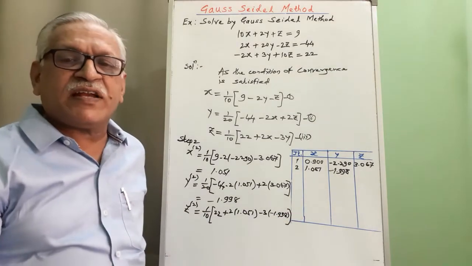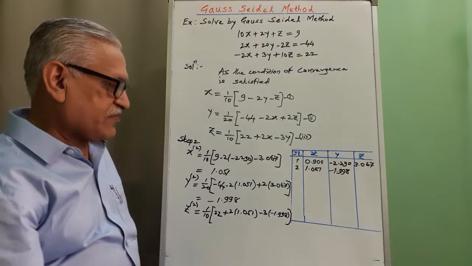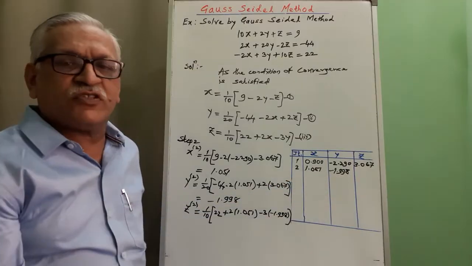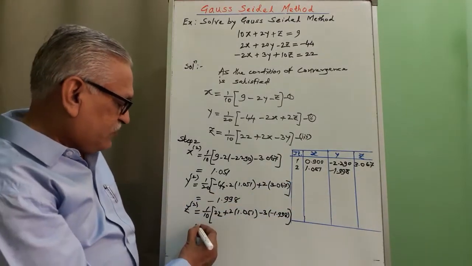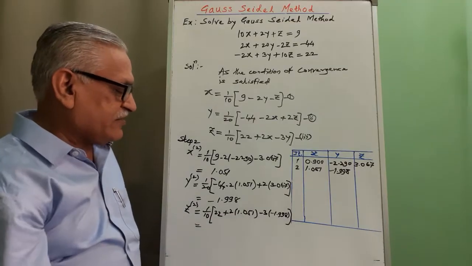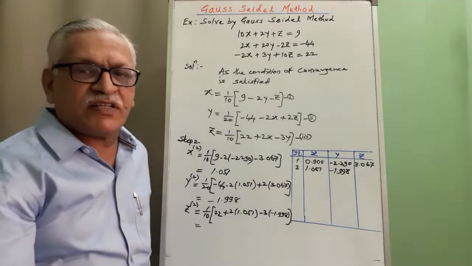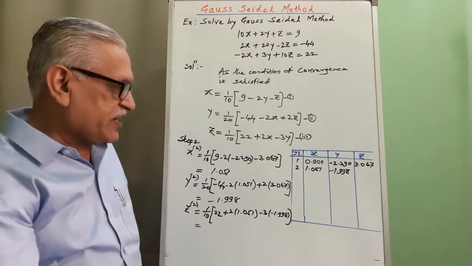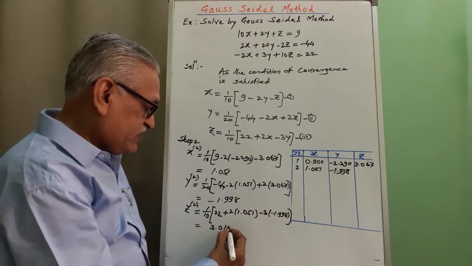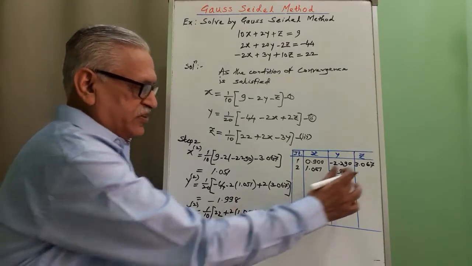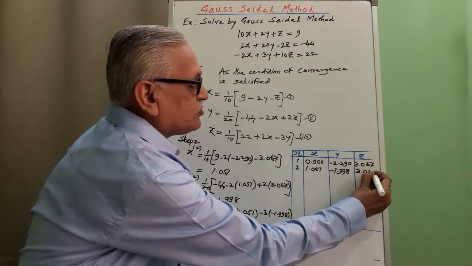Every time remember that we have to use the latest values for the variables, and it is easy to substitute if you make a table like this. Simplifying it by calculator, and always try to check the answer by performing the calculation yourself, we get the value 3.010. Substituting here, we get 3.010.